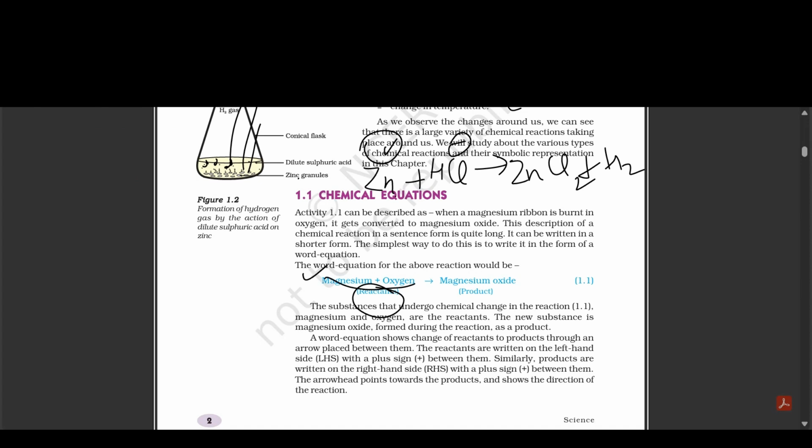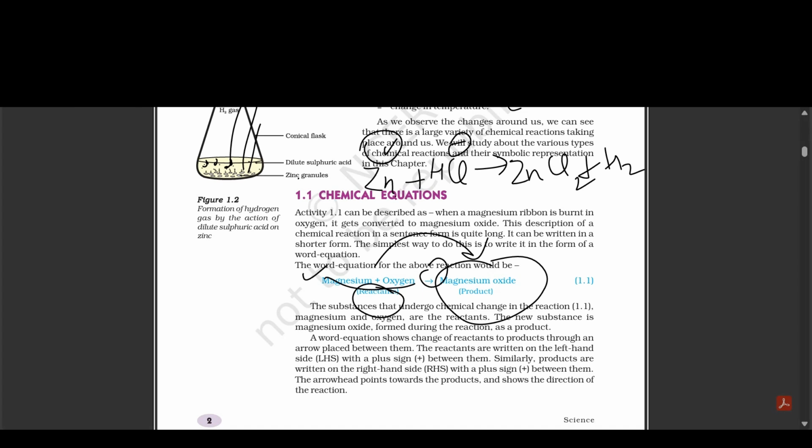So they are called reactants. The arrow shows where the reaction is actually going, so it is going from left to right, and on the right hand side we write the final thing that we obtain. So in this case we get magnesium oxide.